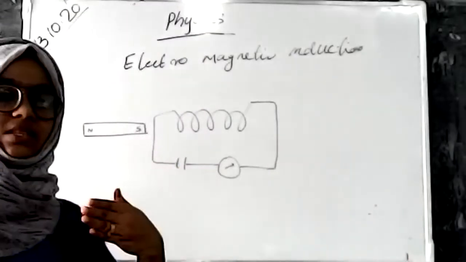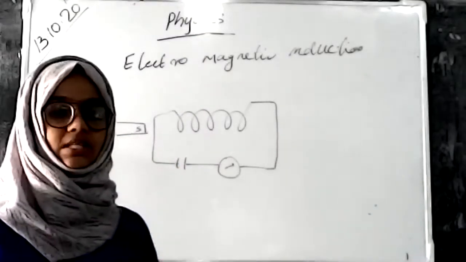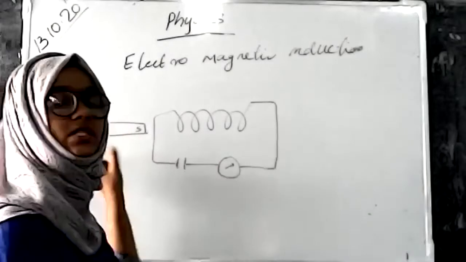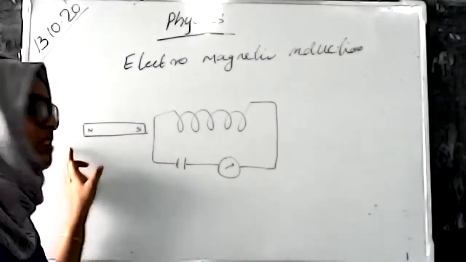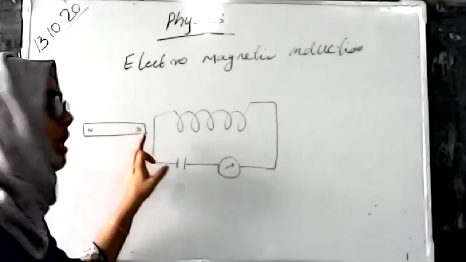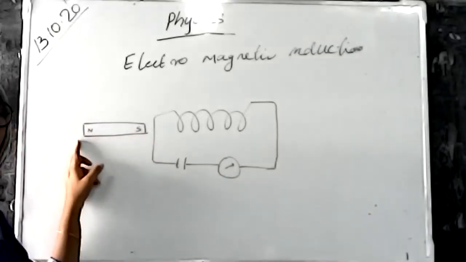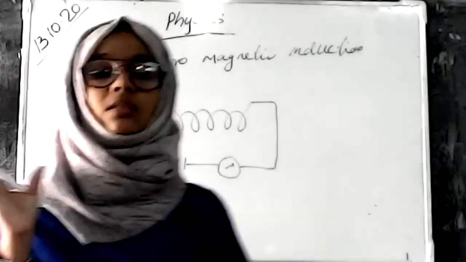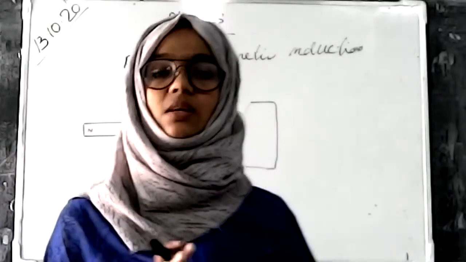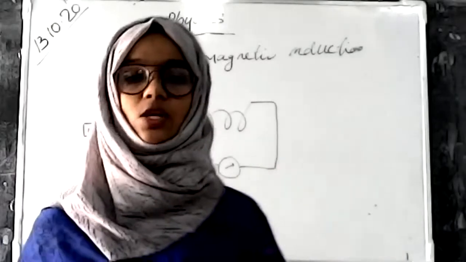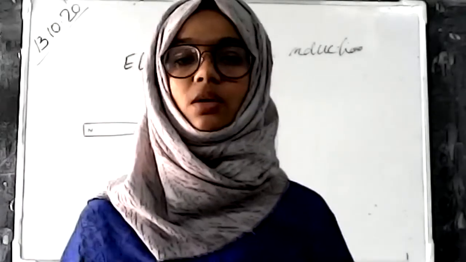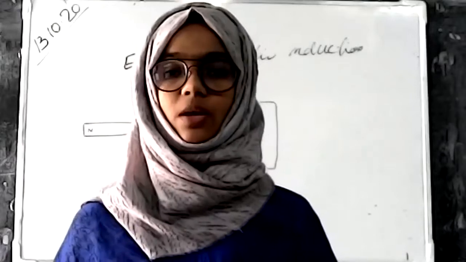And we repeat the same cases with the opposite pole of the bar magnet. First we use the south pole, and then we use the north pole. In these same cases, the galvanometer shows deflection with both the north pole and the south pole.